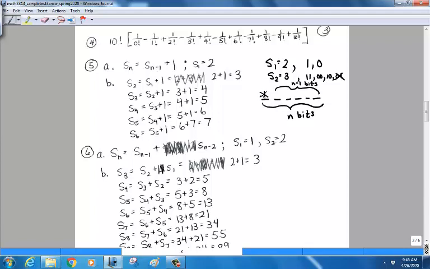Now, that was the case that your n-bit string began with a 1, but what if it begins with a 0? Well, then you're in a lot more danger. If it begins with a 0, that's a dangerous possibility, because if you put a 1 in the next slot, then you will have a substring 0, 1.